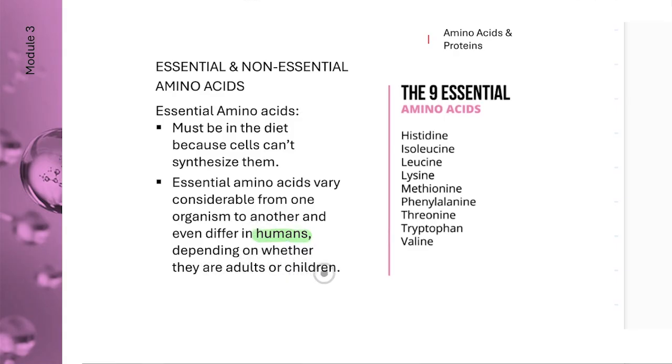But the important thing is that there are 9 of these essential amino acids that have been identified in humans, and because of that, as nutritionists, you therefore know that it's important, talking about diet quality, that the sources of our protein have these essential amino acids.